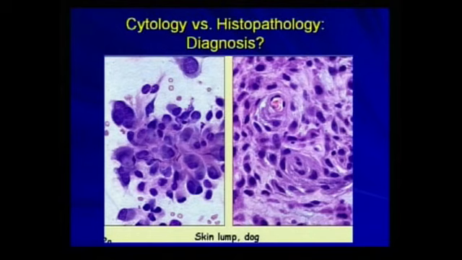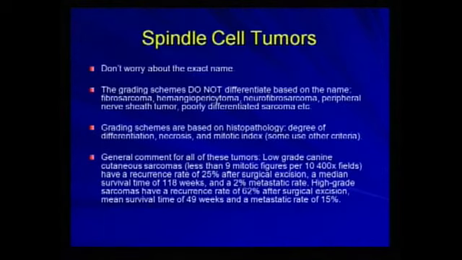And this turned out to be a peripheral nerve sheath tumor, or what some people will call a hemangiopericytoma, based on the whirling around vessels. With most mesenchymal neoplasms, don't worry about getting it all the way down to hemangiopericytoma, peripheral nerve sheath tumor, fibrosarcoma, etc. Okay?